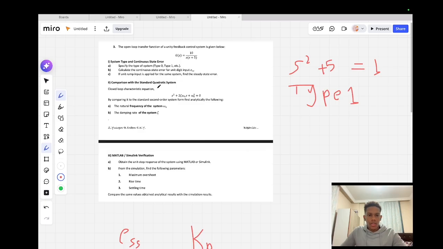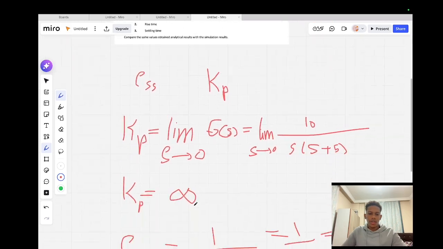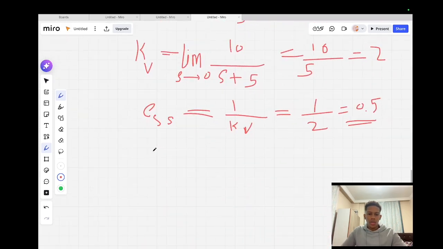Comparison with the standard quadratic system, closed loop system. We need to find the closed loop system of this G of s. So the closed loop system will be G of s over 1 plus G of s.